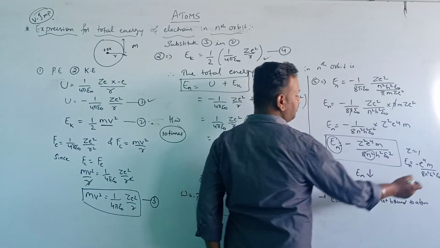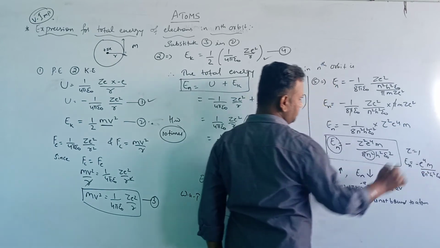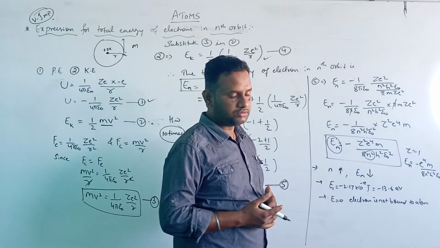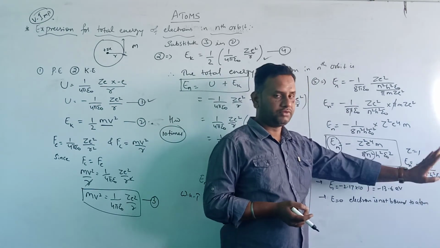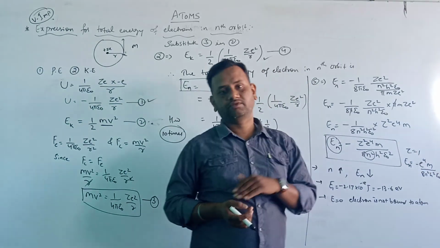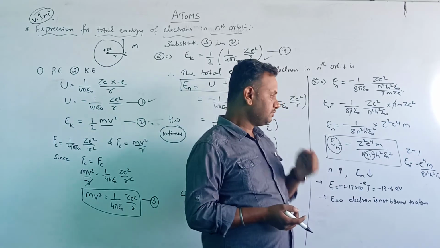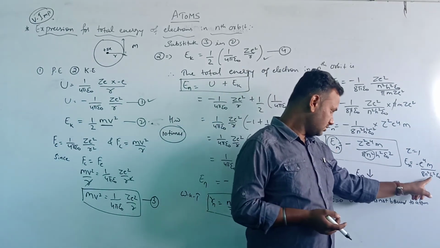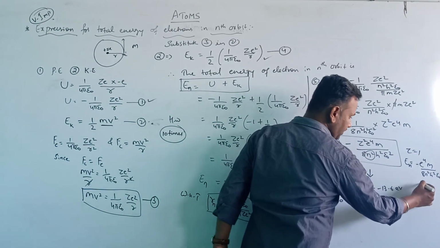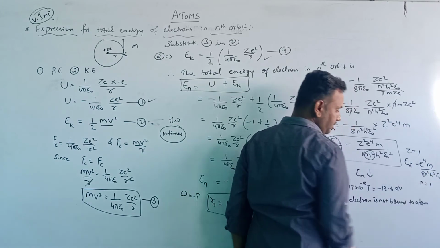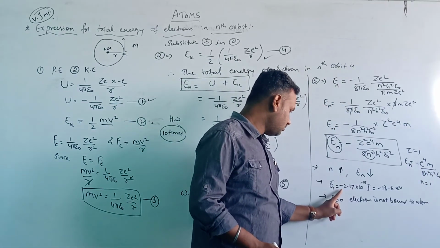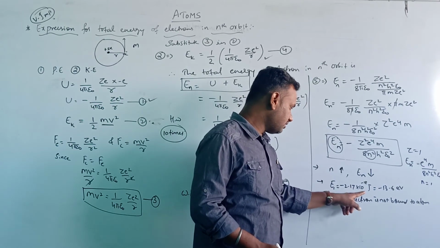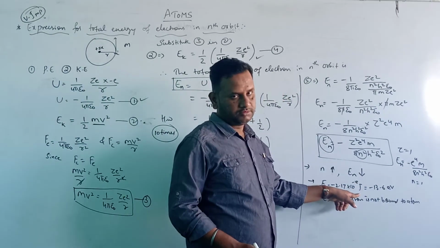After substituting all these values, the charge of the electron, mass of the electron, h value, epsilon value, we take n equal to 1 for the first orbit. Then I will get E1 equal to minus 2.17 into 10 to the power of minus 18 joule.